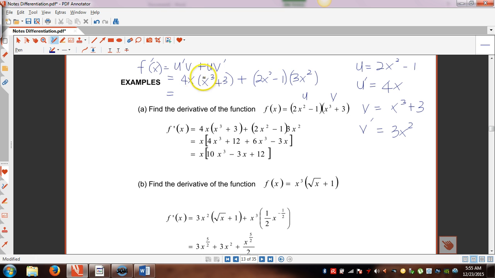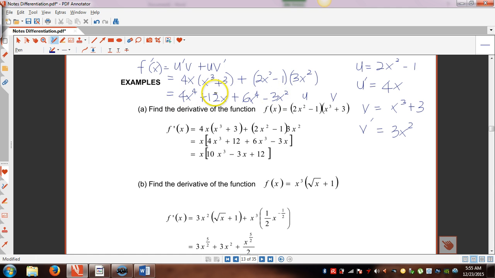Okay, so please expand this. For 4x times x cubed, we get 4x to the power of 4. For 4x times 3, we get 12x. Okay, then expand the second part. We have 2x squared times 3x squared, then we get 6x to the power of 4. Then negative 1 times 3x squared, we get negative 3x squared, right?